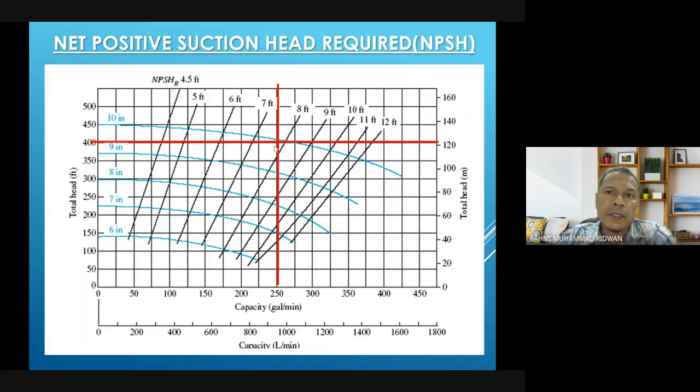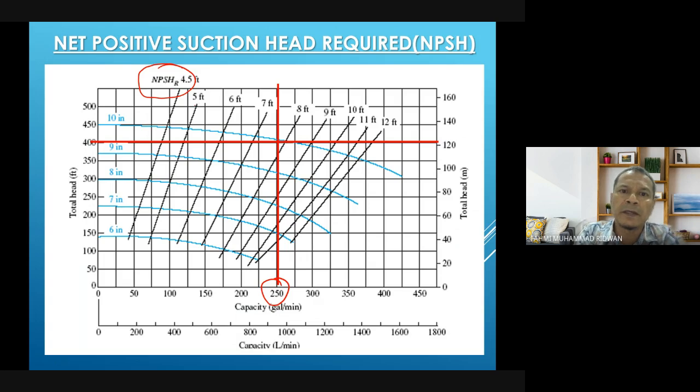Okay, for the net positive suction head required, the manufacturer also provides specific data. So for instance here, if we have a pump with 250 gallons per minute, we can get the net positive suction head here.